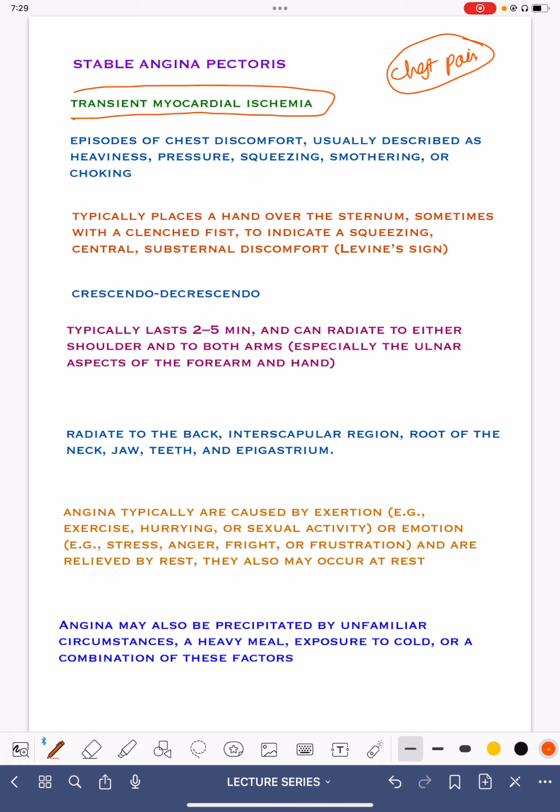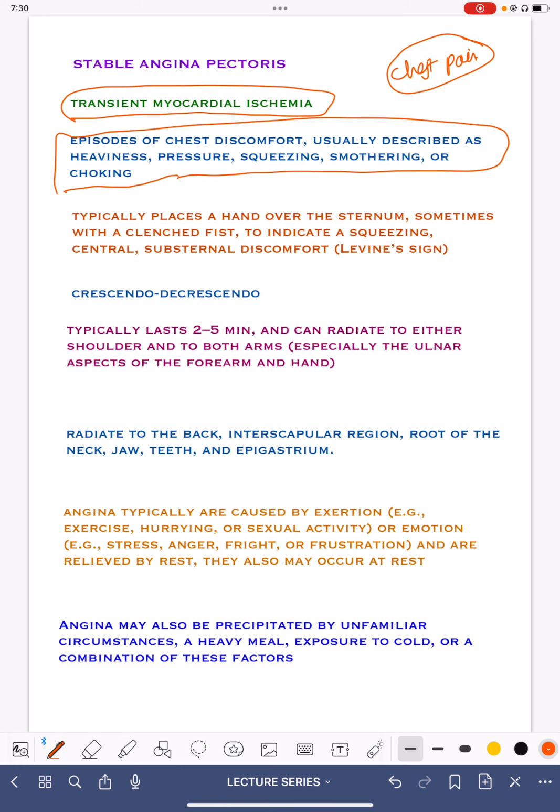When we talk about heart-related chest pain, it is always because of transient myocardial ischemia, or transient poor blood flow to the heart muscle, which releases substance P or histamine or serotonin or other biochemicals at the site of ischemia around the heart muscle, which causes the chest pain.